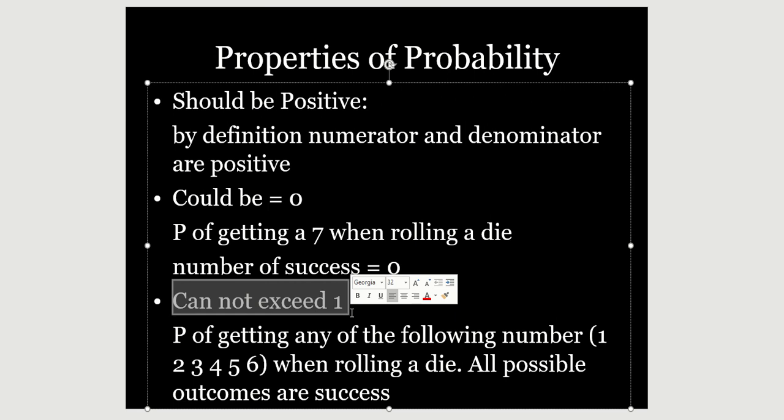As the probability fluctuates between 0 and 1, as it gets closer to 1, it means that the outcome is likely to occur. And when the probability gets close to 0, it means that the outcome is unlikely to occur. For example, winning the lottery: should the probability be close to 1 or close to 0? It should be close to 0, because it's very rare.